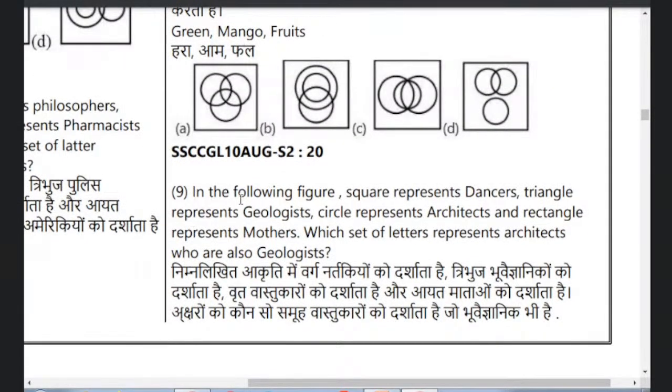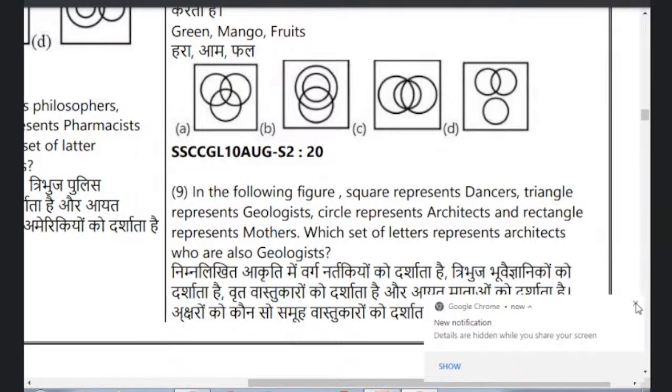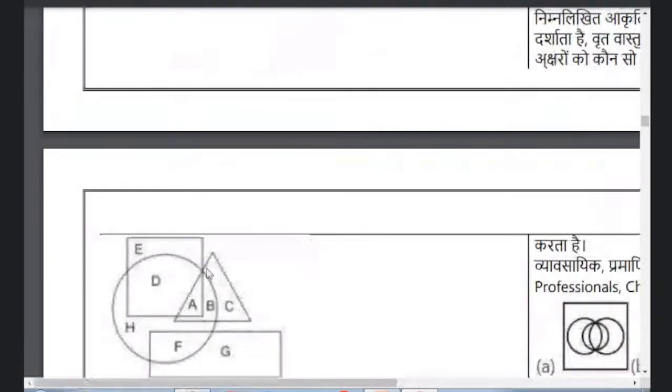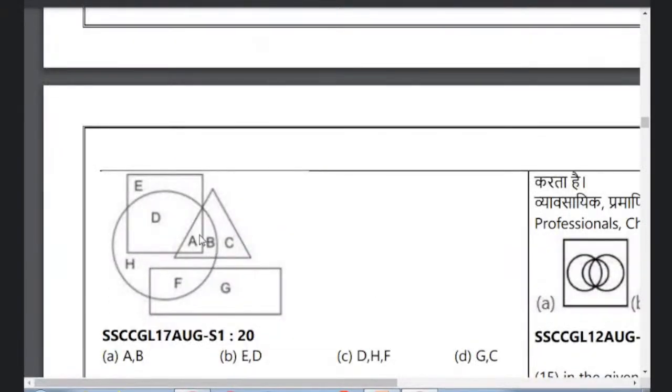In the ninth question, square represents the dancer, triangle represents the geologist, circle represents the architect, and rectangle represents the mothers. Which letter represents the architect who is also the geologist? Which letter we have to select which lies in the triangle and also in the circle.